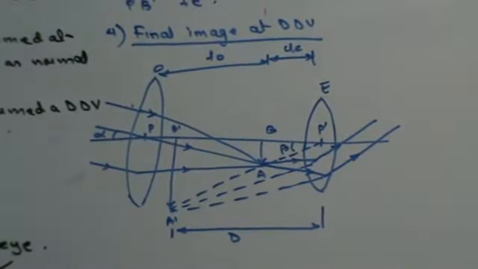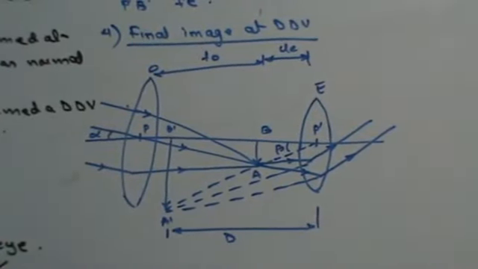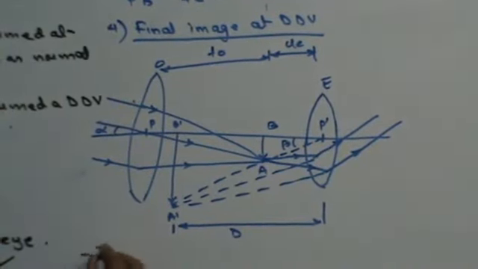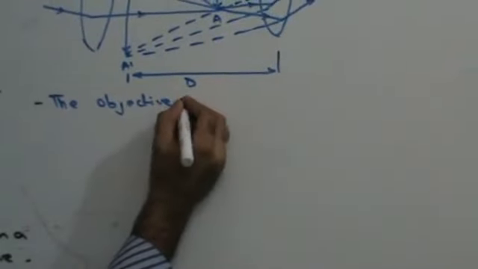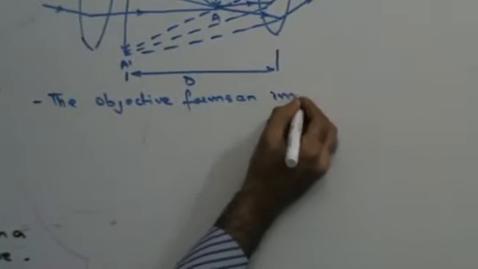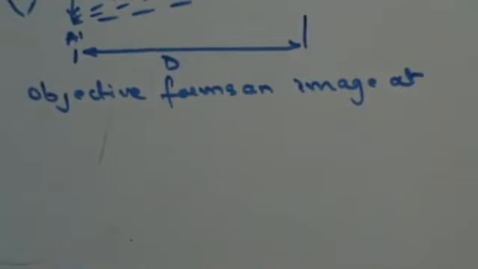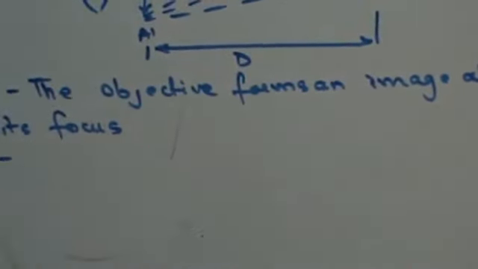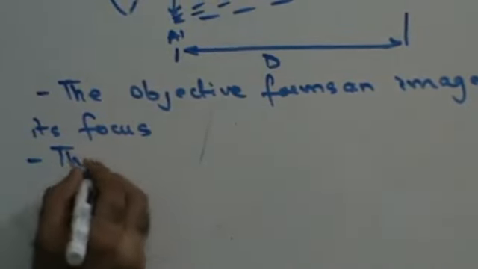The objective forms an image at its focus. This image serves as an object for the eyepiece.